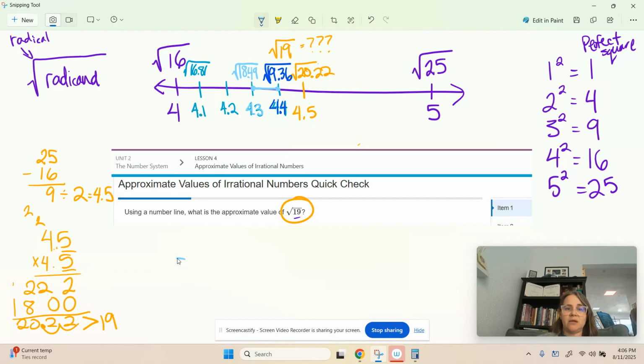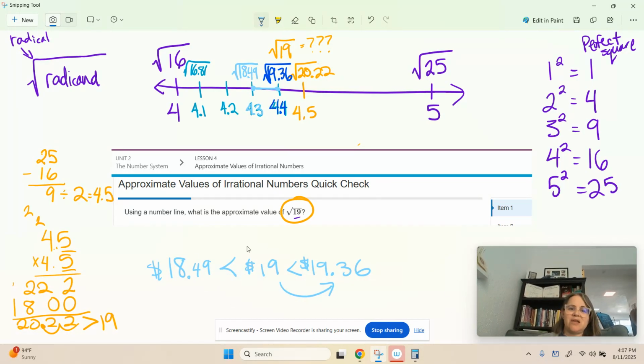Think of it like money. So 18.49 and $19 and 19.36. Okay, we're only 36 cents away from this guy, and we're more than 50 cents away from the 18.49.